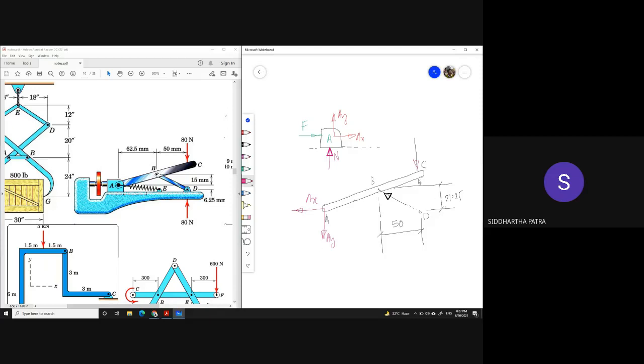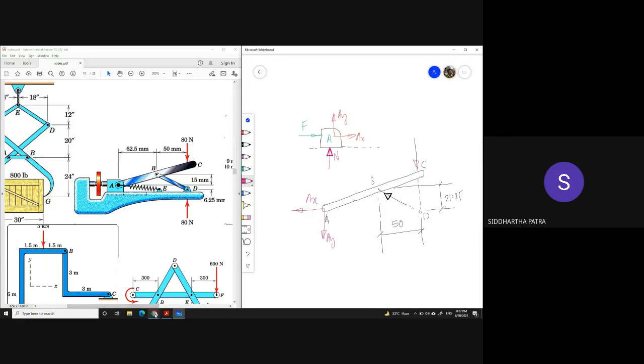And I believe C is just vertically above D, which basically means D is that point through which the forces at C and forces at B are passing, which basically means the resultant of the two force components at A must pass through D. So you can also utilize that idea, or you can simply use the equations of equilibrium.